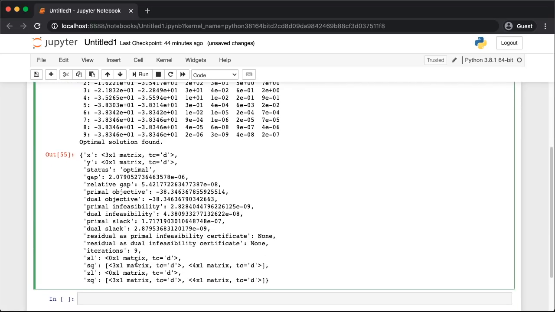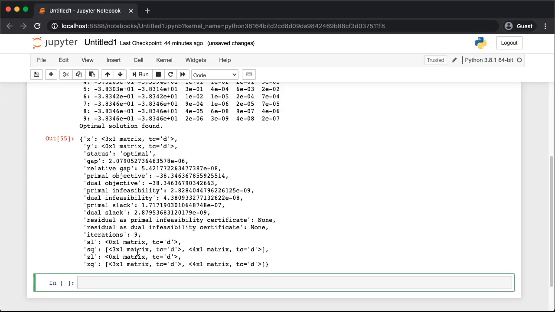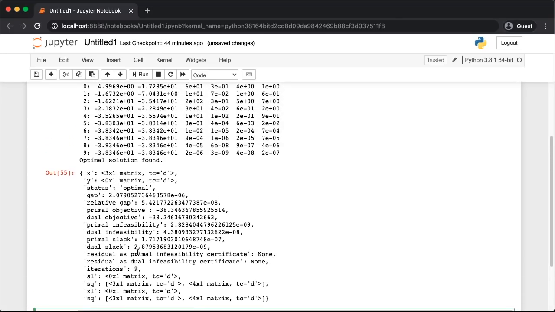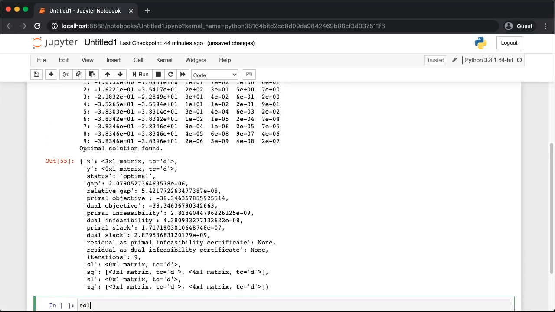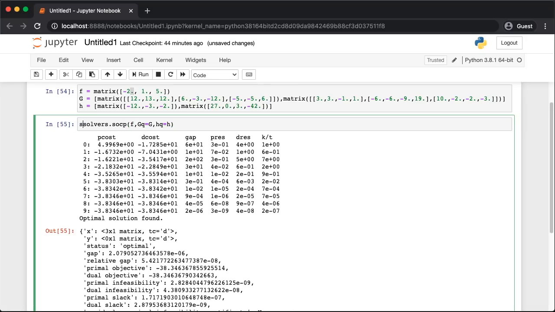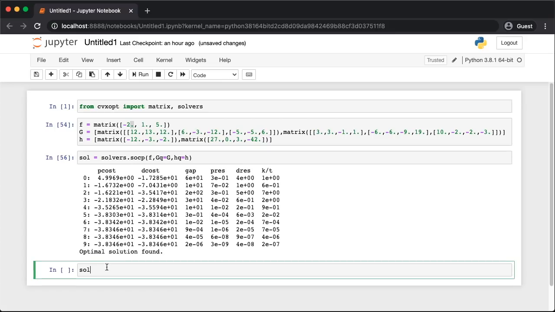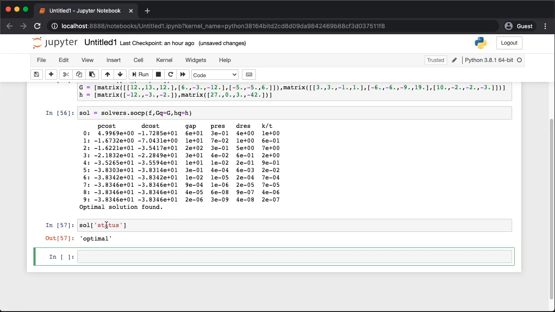Well, how do we see if we actually found the optimal solution? You save the solver in, let's say, sol, and then you call sol['status']. It's optimal. Well, what is the optimal solution?